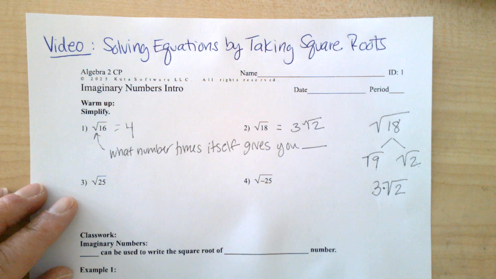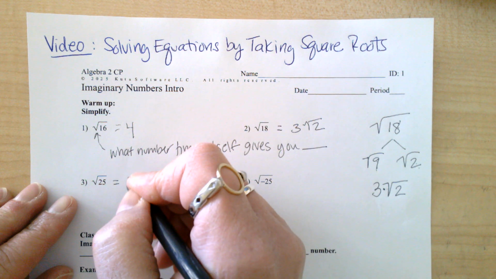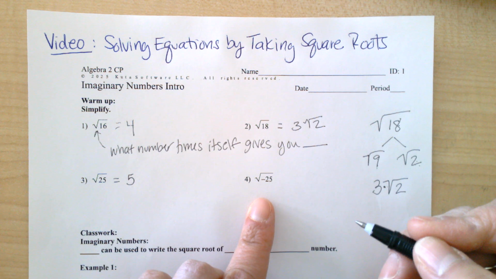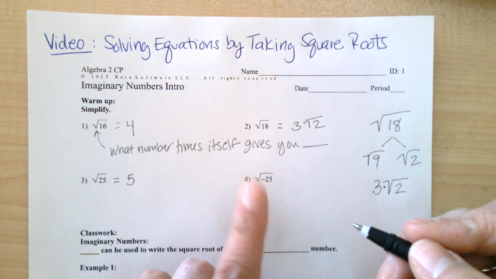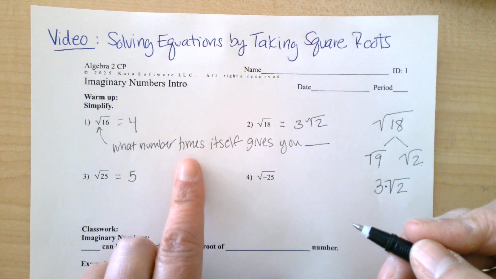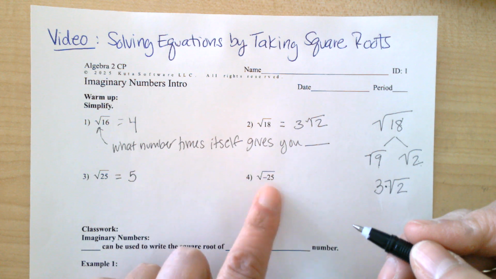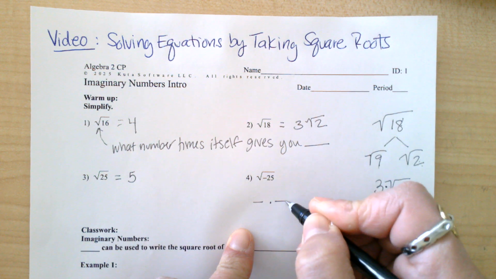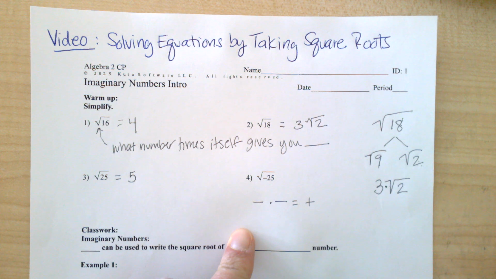Number 3, square root of 25, that is a perfect square, that is 5. And number 4, the square root of negative 25. Now, we cannot get a number times itself that would get us back to a negative number, because remember, a negative times a negative is always going to give you a positive.